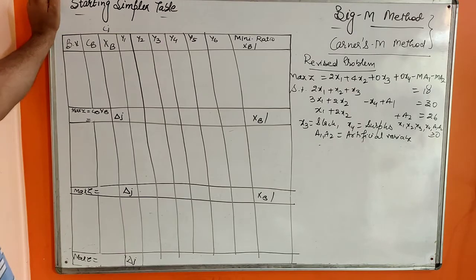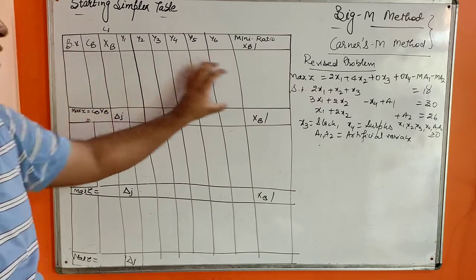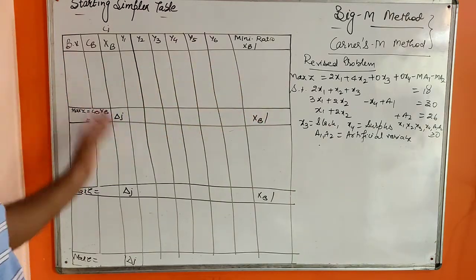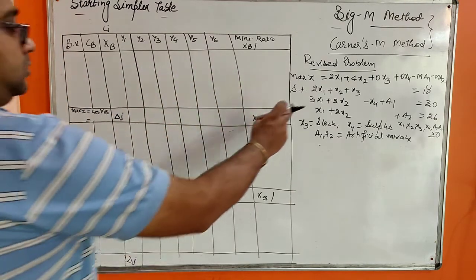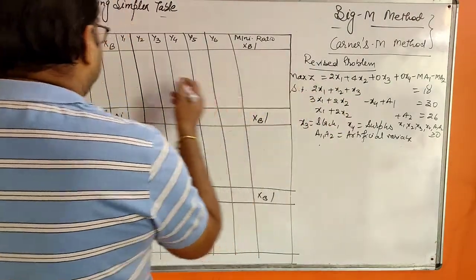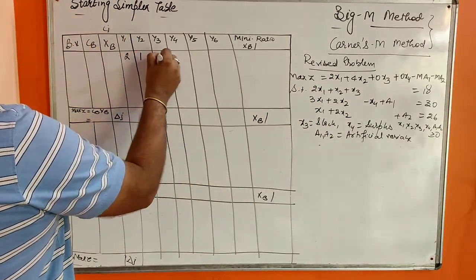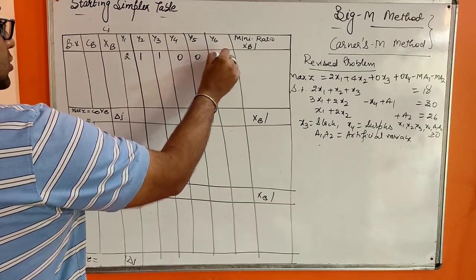This is the starting simplex table. Now we have to put all the data from the revised problem into the starting simplex table. So each subject to condition's data will be put in these particular rows. That is, for the first equation 2, 1, 1, 0, 0, 0.